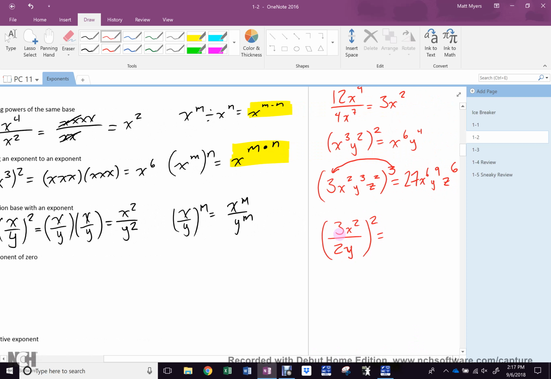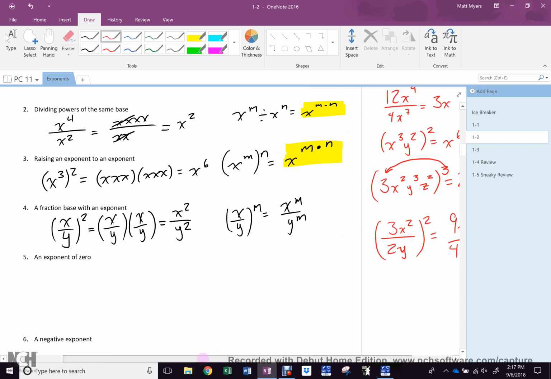What would that answer be? 9x to the 4th over 4y squared. Because the 2 goes everywhere. Is everyone good with that now added in? Okay, we are building and I am happy.